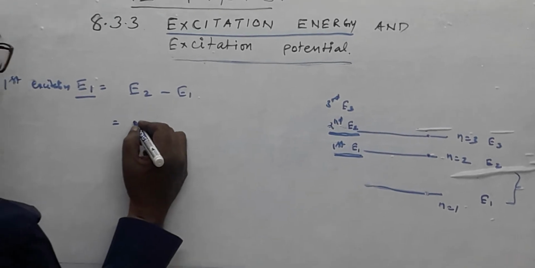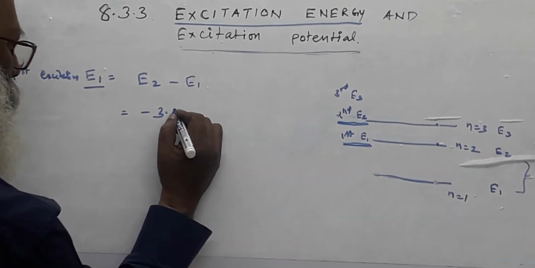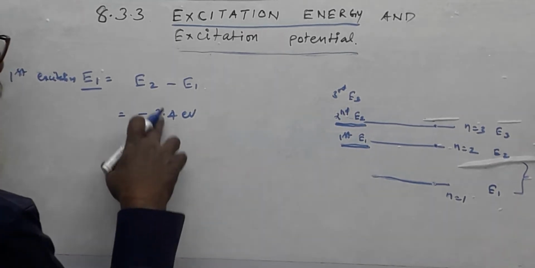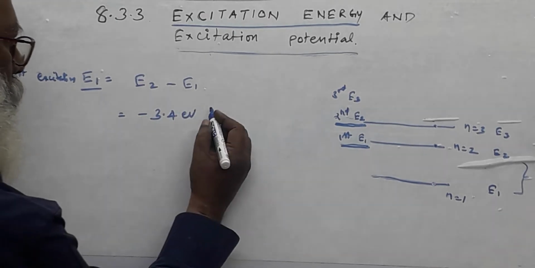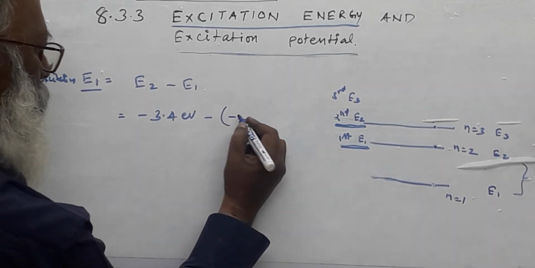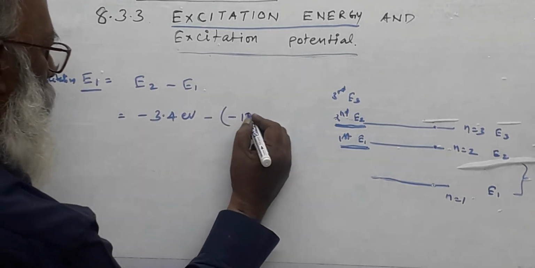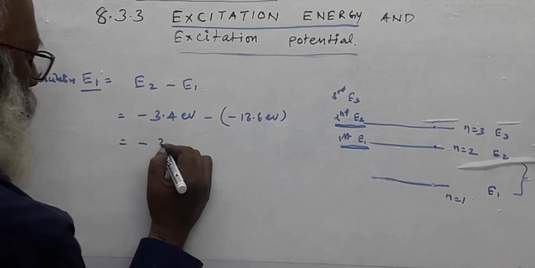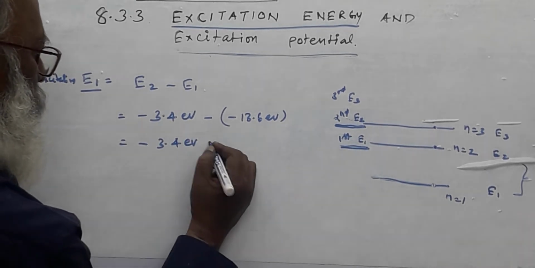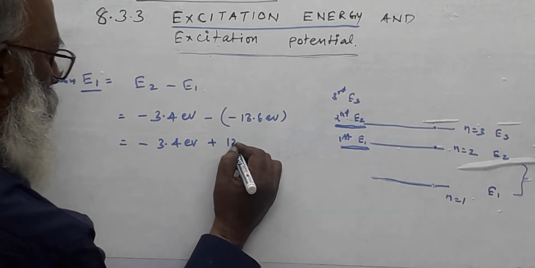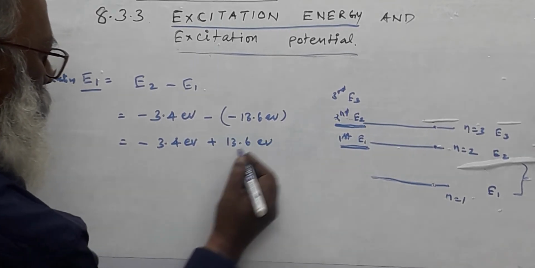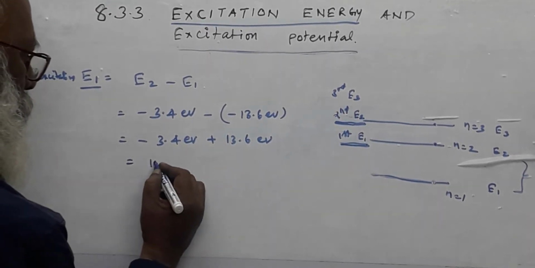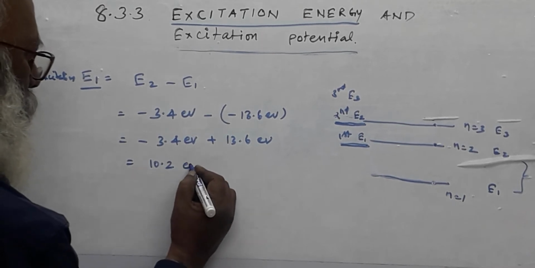As per Niels Bohr's atom model, we already derived E2 as minus 3.4 electron volt and E1 as minus 13.6 electron volt. So 3.4 electron volt minus of minus 13.6 electron volt, adding these two gives 10.2 electron volt.